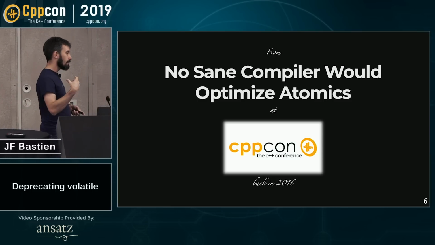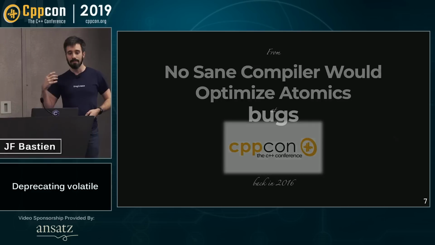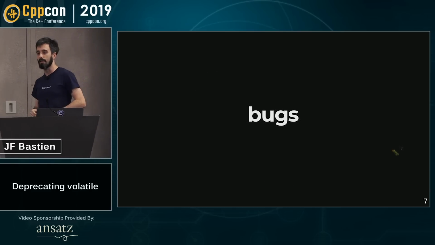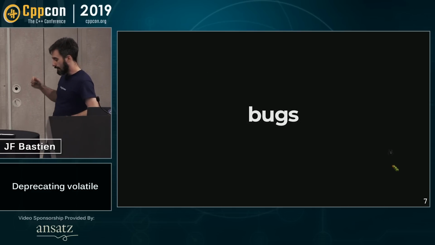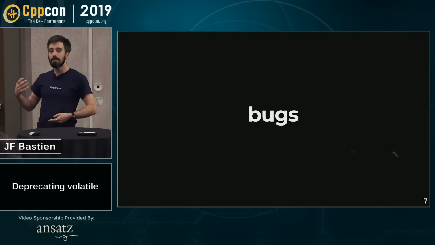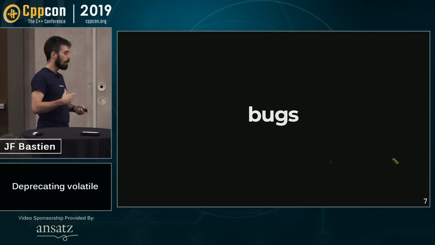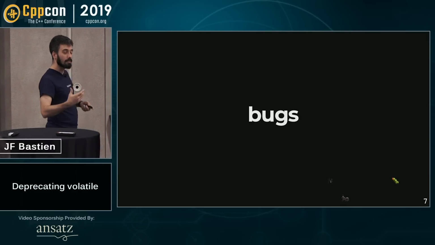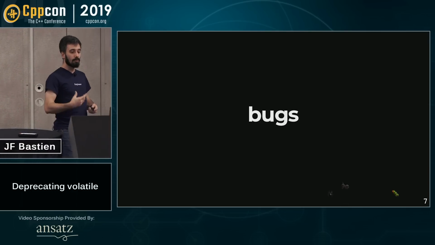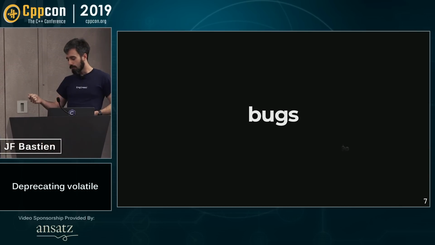But for me, the reason I wanted to talk about Volatile and try to remove the sharp edges is because I've seen a lot of bugs related to Volatile, a lot of them. When you use Volatile, you usually have good reasons. You can be misguided in using Volatile, but most uses of Volatile that I care about aren't the misguided ones. It's the ones where you're doing something that needs Volatile and you're doing it wrong because it's hard to do properly. Specifically, say you're shipping hardware.